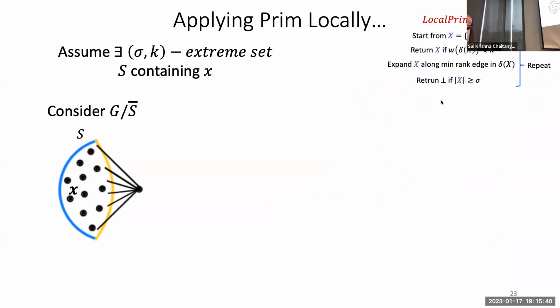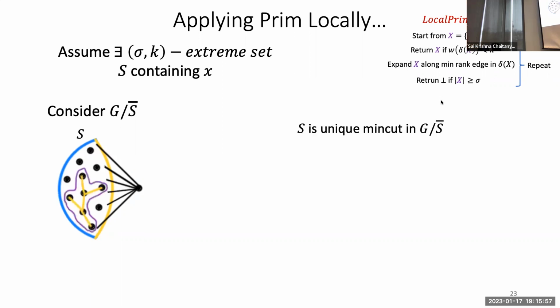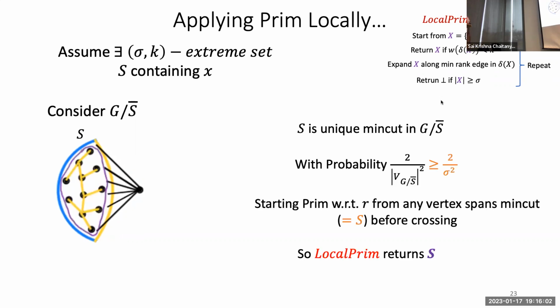And now we'll see why it has to return such a set. Why can't it just keep going and never be able to return such a set? We have this assumption that there exists a sigma k extreme set S, where S is the unique min cut in this G contracted S bar. So we keep expanding, and because S is the unique min cut, it can't cross this cut S before it actually spans all vertices on one side of the graph.